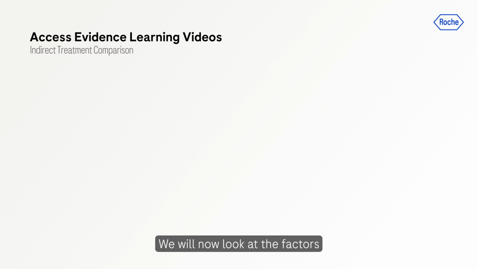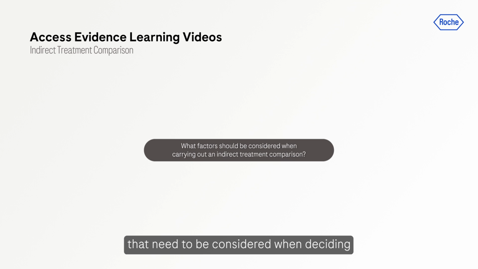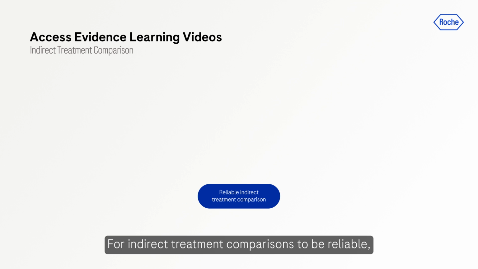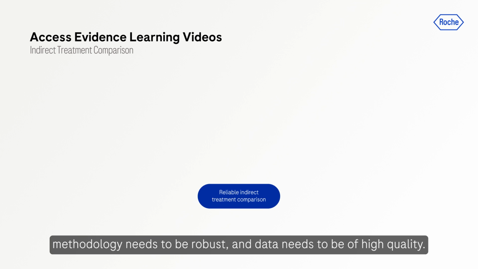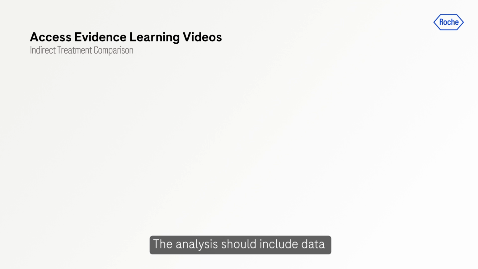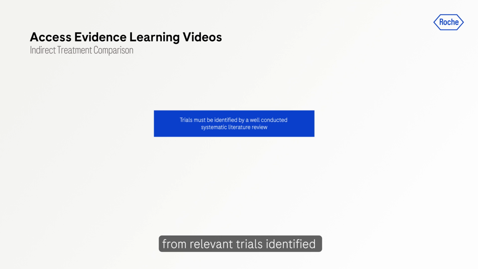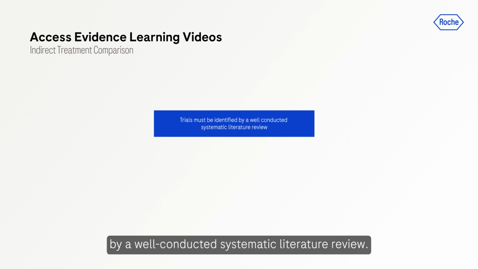We will now look at the factors that need to be considered when deciding whether to perform an indirect treatment comparison and some of the methodological principles. For indirect treatment comparisons to be reliable, methodology needs to be robust, and data needs to be of high quality. The analysis should include data from relevant trials identified by a well-conducted systematic literature review.